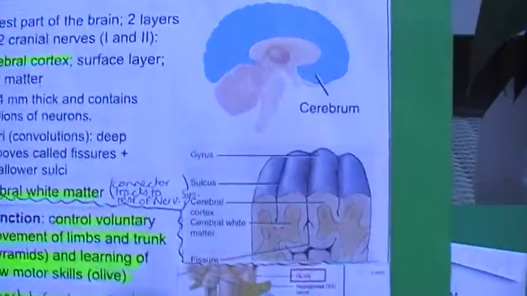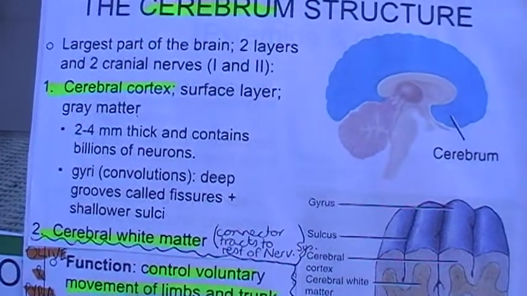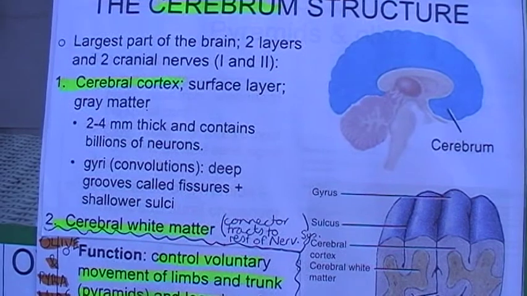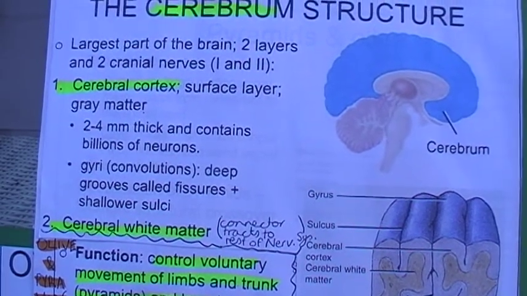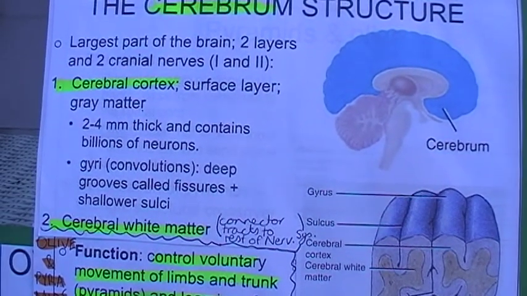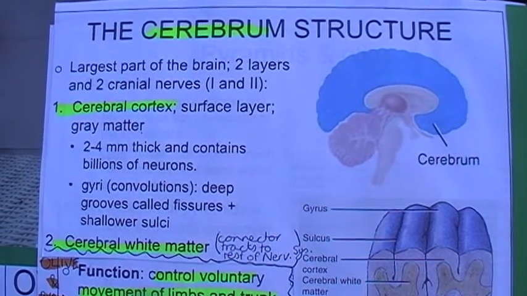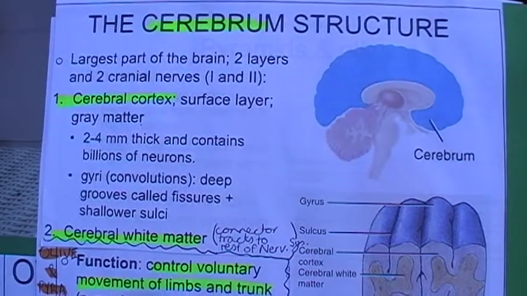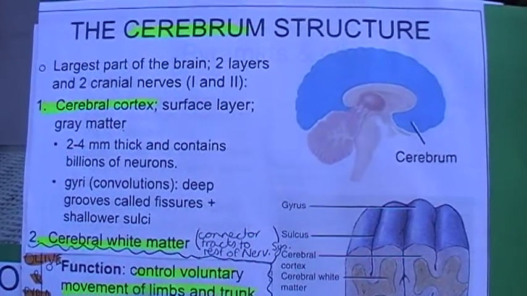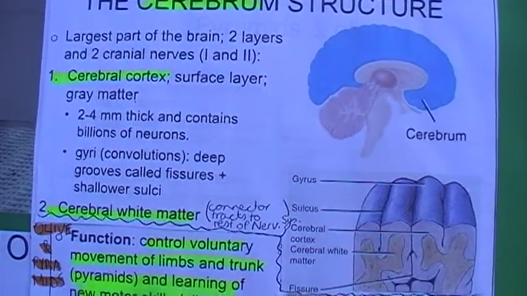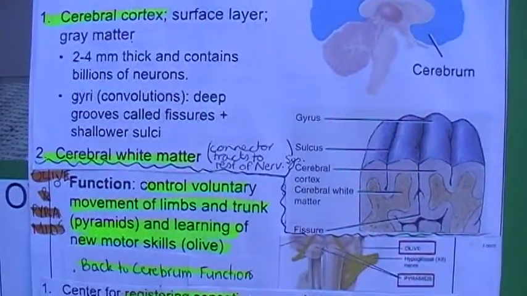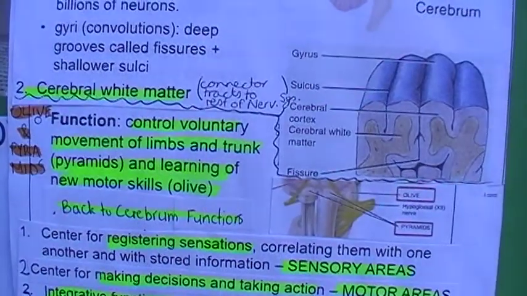The cerebrum has the cerebral cortex, which is the surface layer and grey matter. And it has two cranial nerves, olfactory and optic, 1 and 2. The cerebral cortex is the surface layer, which is grey.